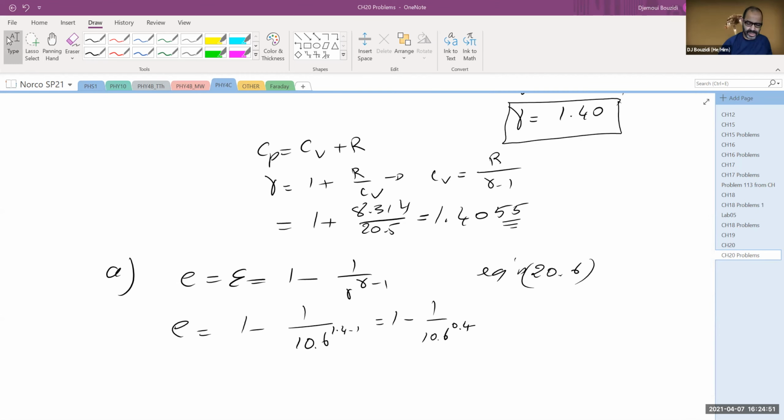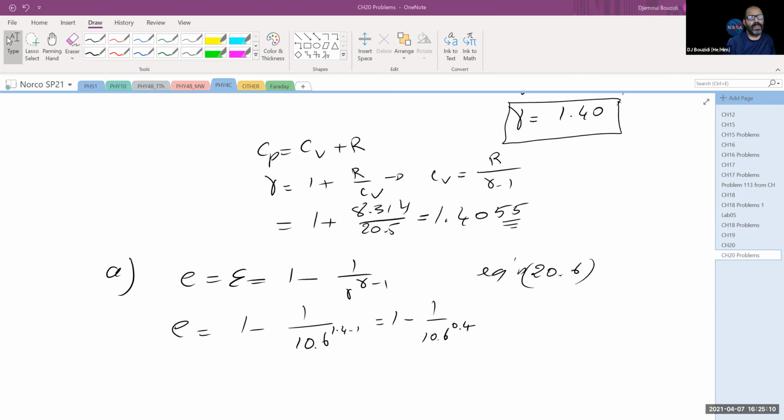So if I do the calculation and I'm careful with it, I have 1 minus 1 over 10.6. And you have to be very, very careful with this calculator stuff, okay? Especially if you're going to do this on your own. Please make sure you take advantage of the parentheses to make sure your numbers are properly grouped, okay?